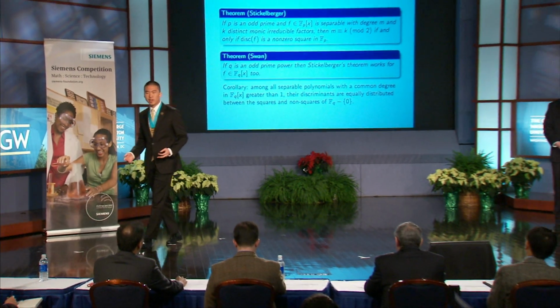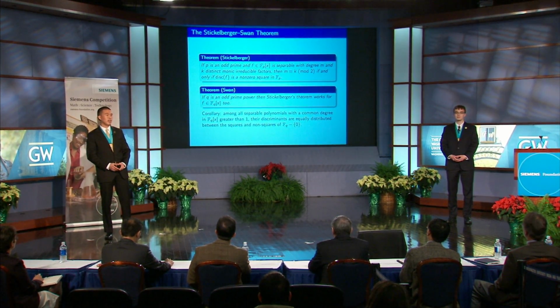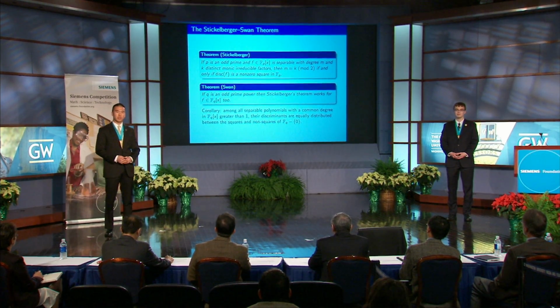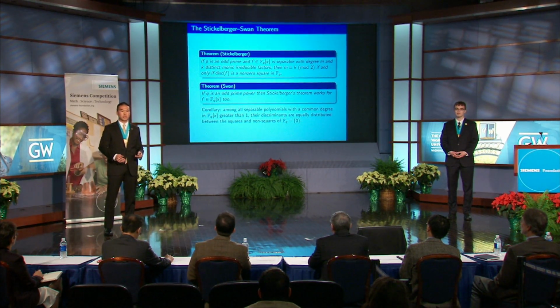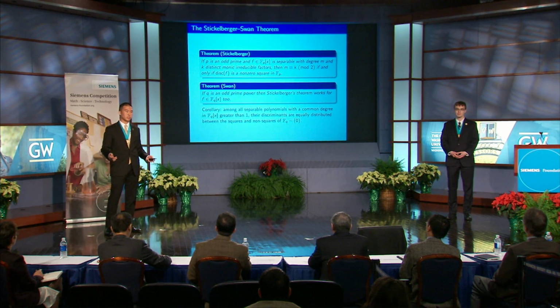The result was generalized in 1962 to hold in all finite fields of odd size. And as a corollary of the Stickelberger-Swan theorem, discriminants of monic polynomials are equally distributed between the non-zero squares and the non-squares of Fq whenever q is odd.